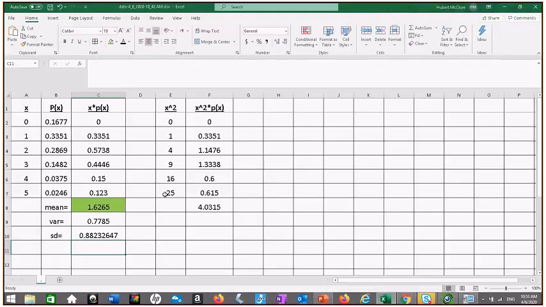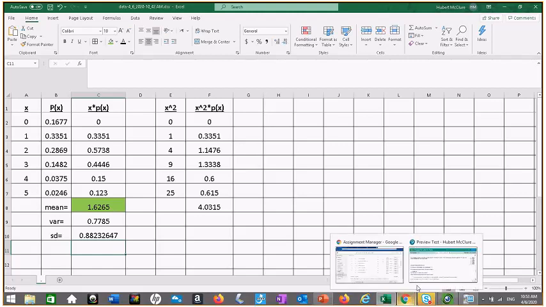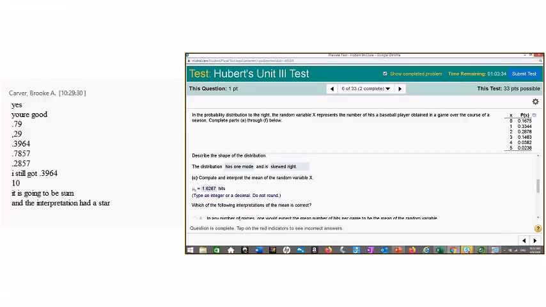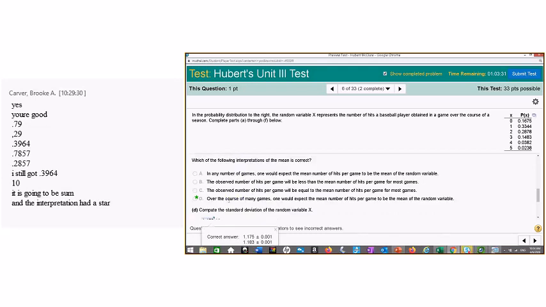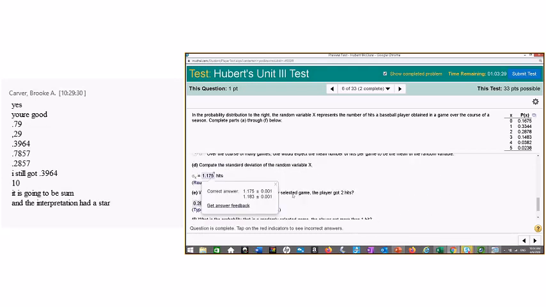I meant the standard deviation, or the mean. Wait a minute. Did I get the mean wrong, or what did I get wrong? They said the standard deviation is 1.175.